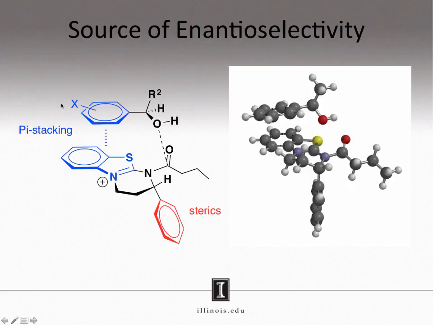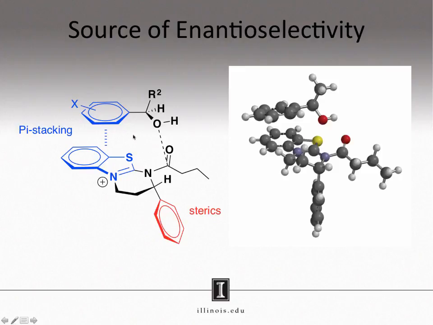In your biology courses, you may have heard about pi stacking in relation to DNA. What is happening here is the aromatic portions of the molecules are lining up to stack on top of each other. You can think of the catalyst as a kind of landing pad for the aromatic ring on the alcohol.